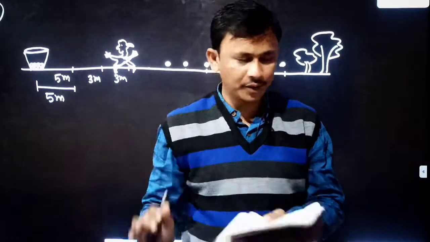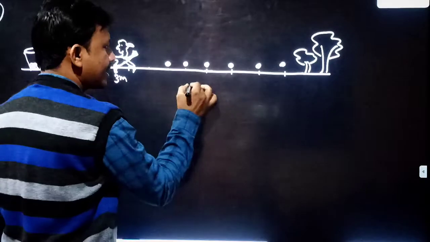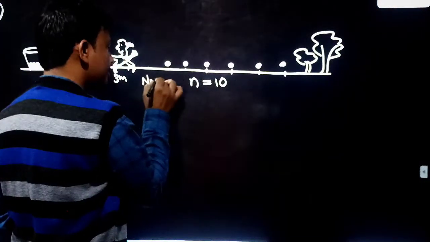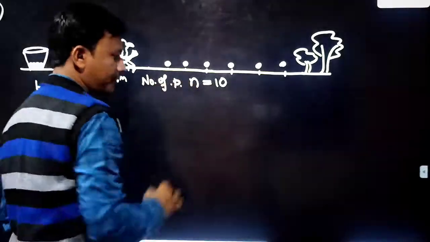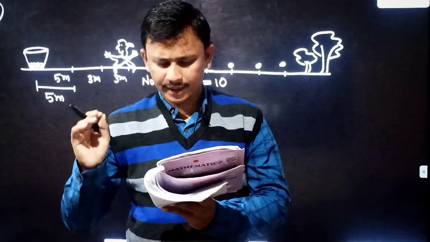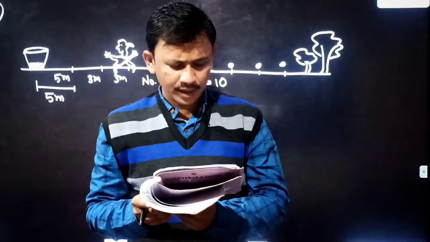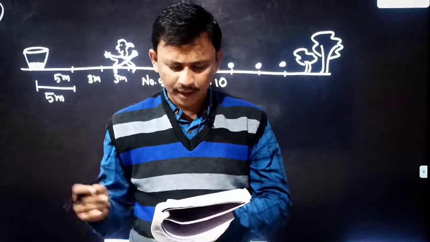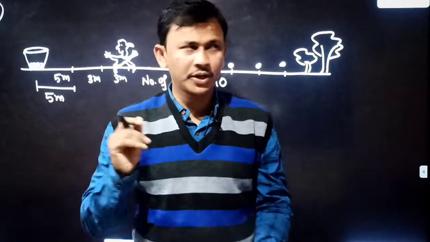There are 10 potatoes. How many potatoes? 10. N is equal to 10, the number of potatoes. There are 10 potatoes in the row. A competitor starts from the bucket and picks up the nearest potato.